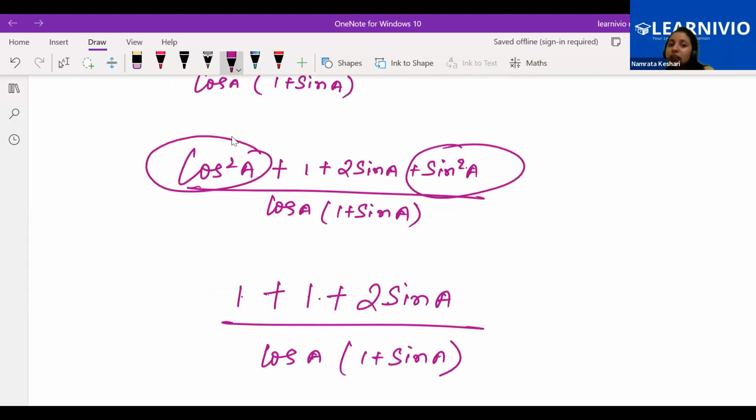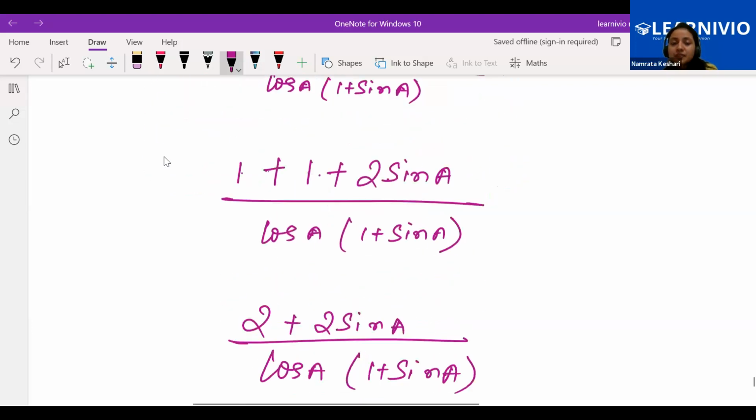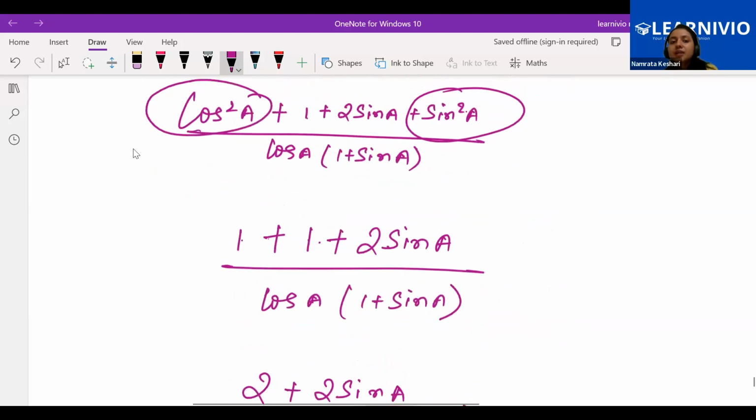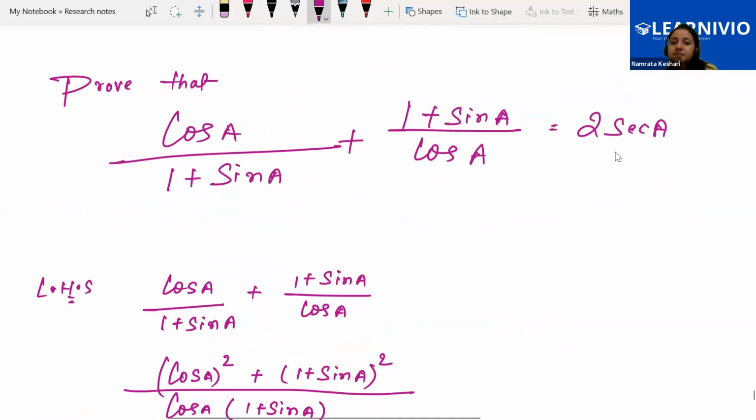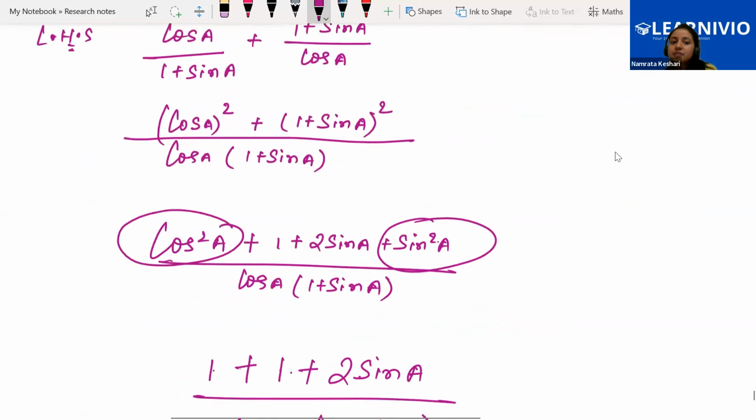If you are not getting the a plus b whole square formula, the a square minus b square structure, if you are not getting these basics, then you won't be able to do it. Okay, this is how we have to prove it. Anyone having any confusion?